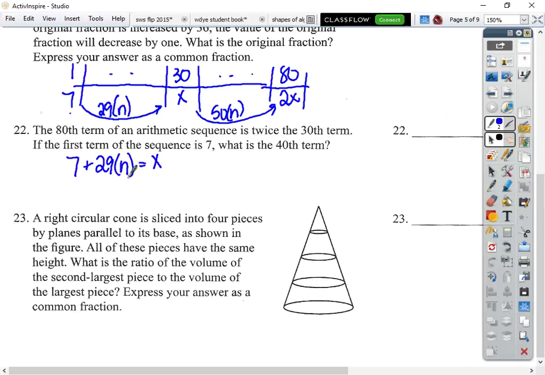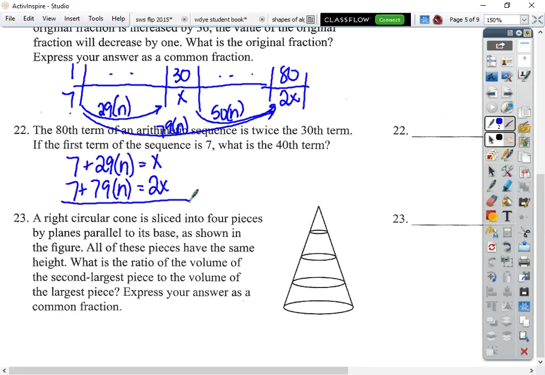And when we want 2x, if we didn't know anything about 30, I would need 7 plus 79. Okay, we're going from here to here. I would need 79 jumps of this n to get to 2x. Well, we do have systems of equations, and it's going to help us.